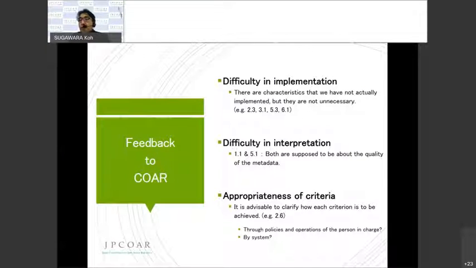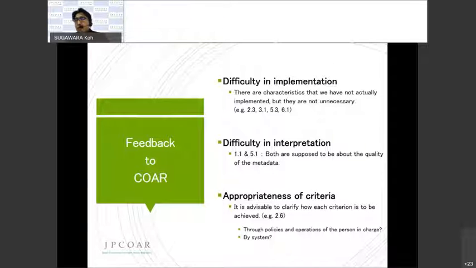However, we don't think they are unnecessary at all. Although priorities are different in each institution, if we can solve the technical and budgetary issues, we would like to work on them in the future.